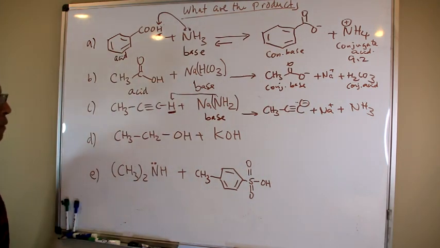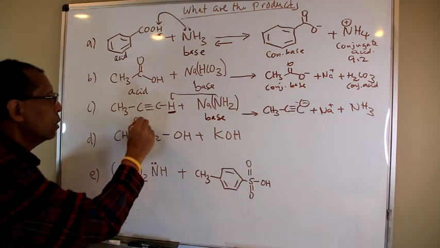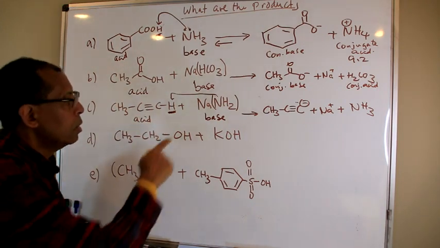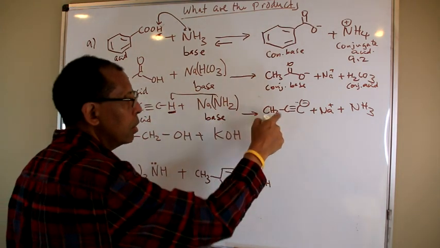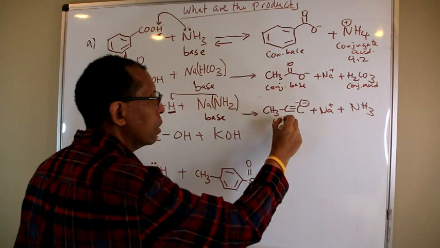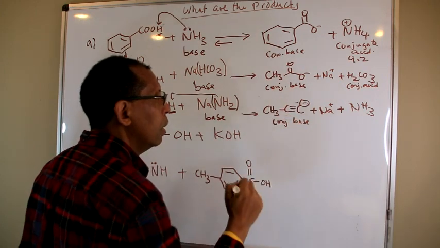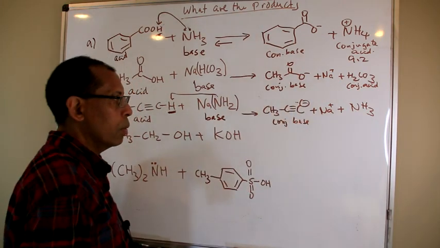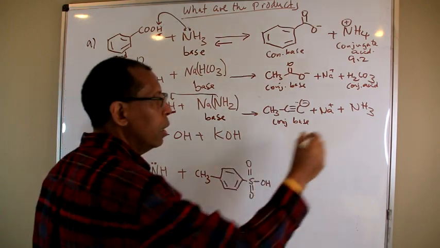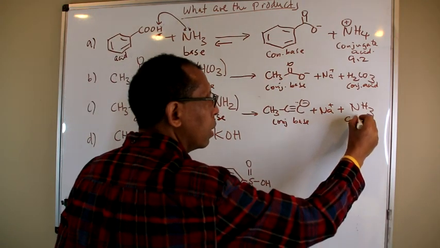So if we were to classify, this would be the acid, this is a base, and this is a conjugate base that is generated. Because it has a negative charge on it, now it's acting as a base. Here is the conjugate acid.